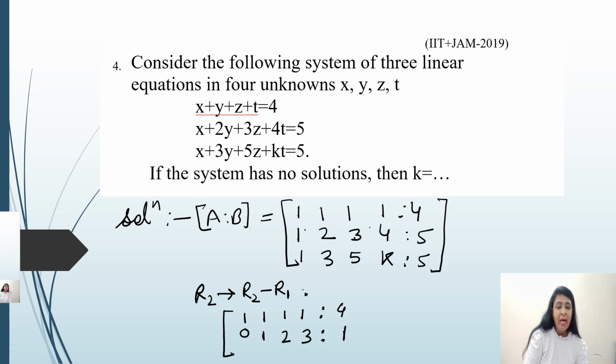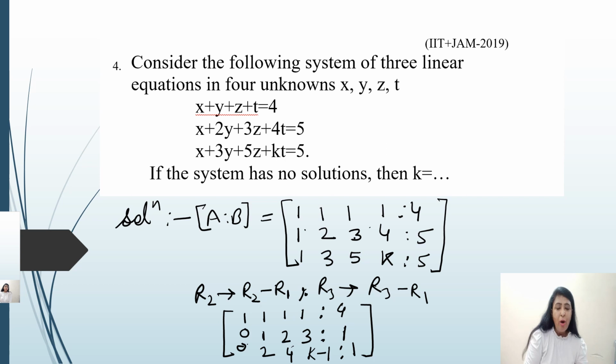Then again I apply R3 minus R1 so as to make this entry as 0. So it will be 1 minus 1 is 0, 3 minus 1 is 2, 5 minus 1 is 4, k minus 1, and then I have 5 minus 4 is 1.